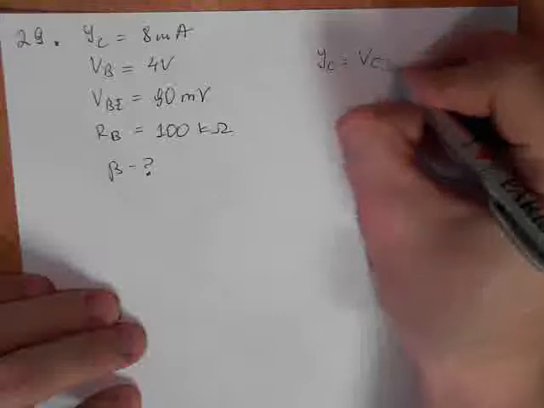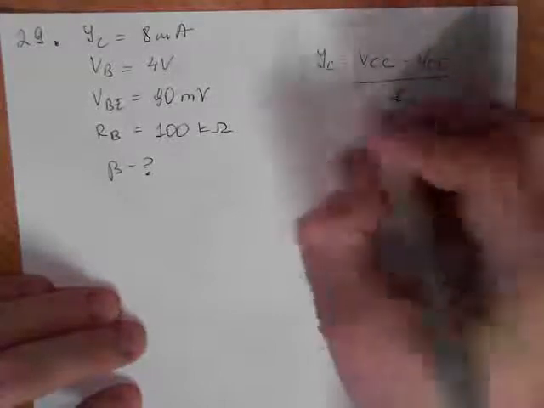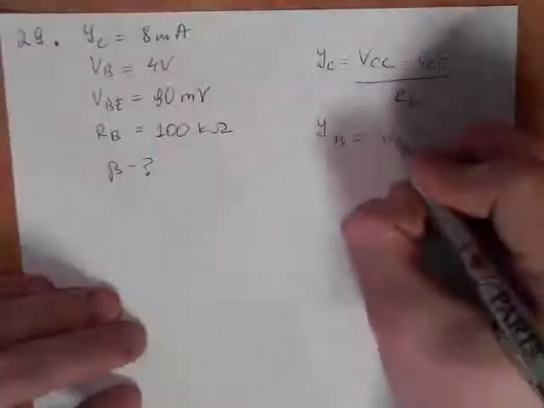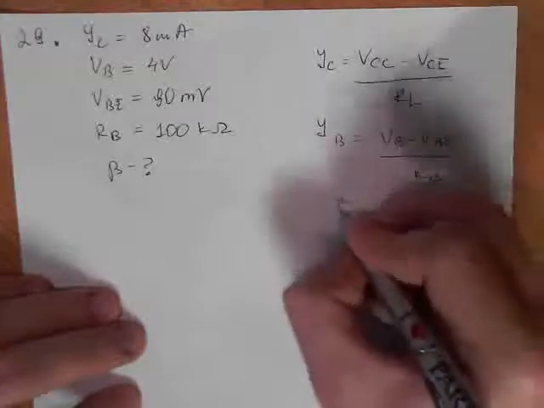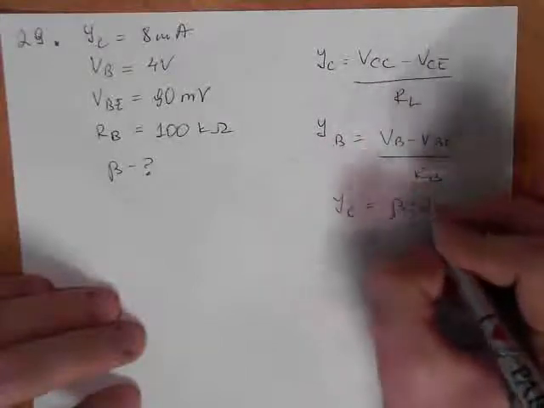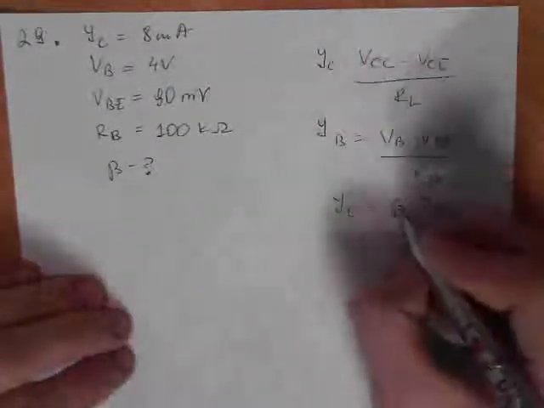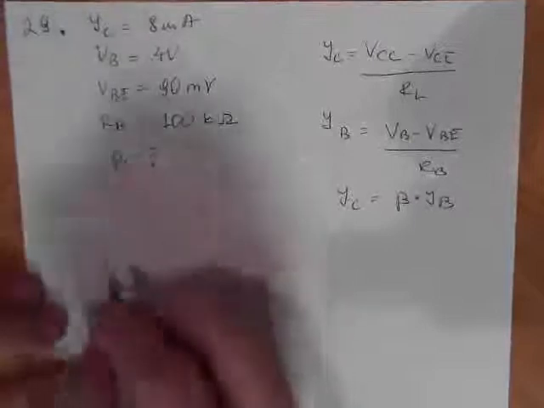IC is VCC minus VCE divided by RL. IB is VB minus VBE divided by RB, and IC is equal to beta times IB. So this is IC, this is IB, and this is the equation that joins these two together. So we need to know beta.